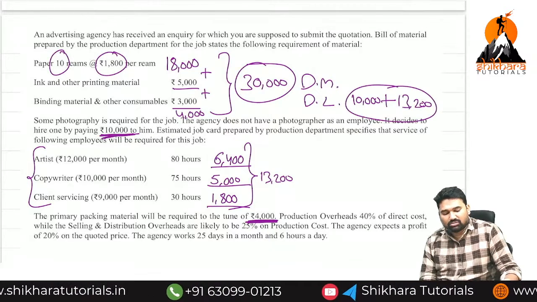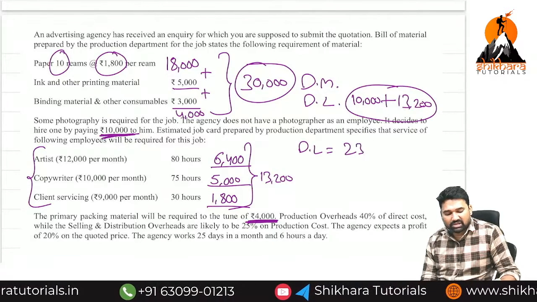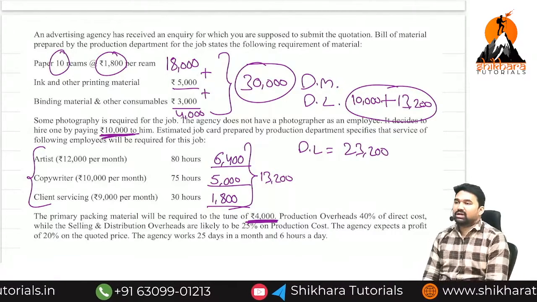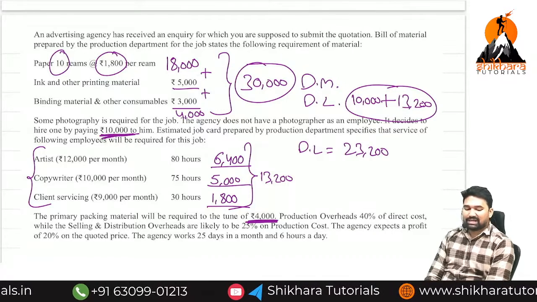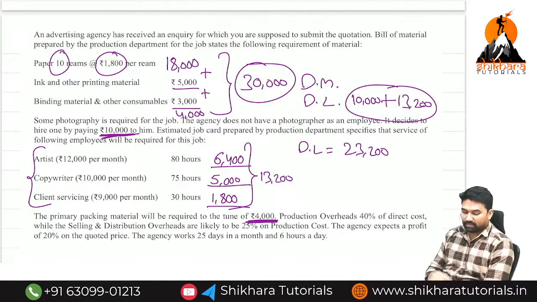So direct labor is equal to 23,200. Did you get how we arrived at 23,200?